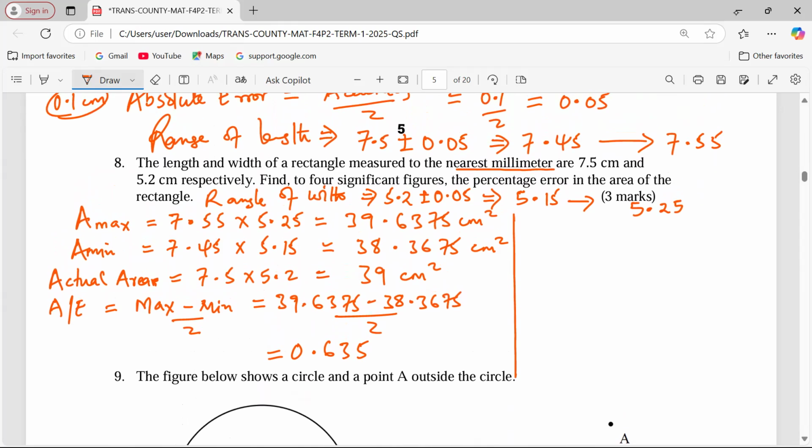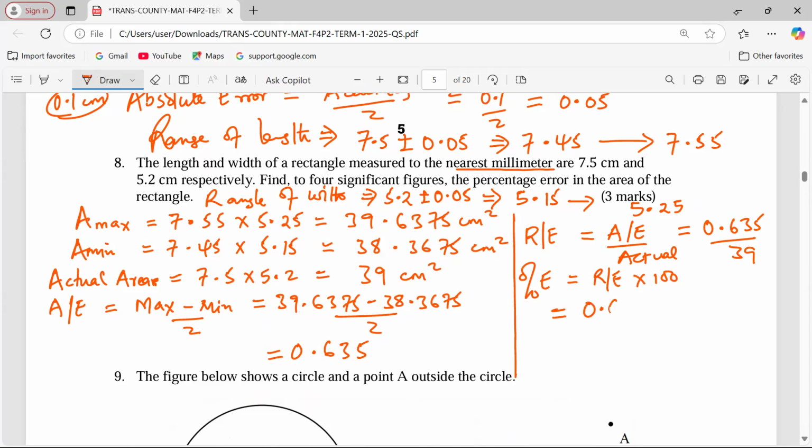Let's go to the next. We talk about now the relative error, which is given by absolute error out of actual area. So we'll be having 0.635 out of 39. Then we talk about percentage error, which is given by relative error multiplied by 100. So we'll take the relative error and I multiply it by 100.